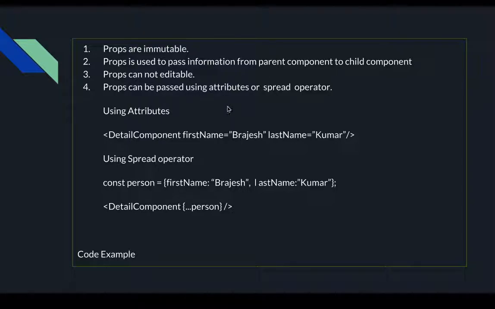The first way is through attributes. Like this is the component, and you can see the first property is first name Brijesh, last name Kumar. So this is one way. The second way is to use the spread operator. Spread operator means you can club multiple properties into one object, assign that object to a variable like const person, and then pass this variable with three dots, and that three dot is the spread operator.